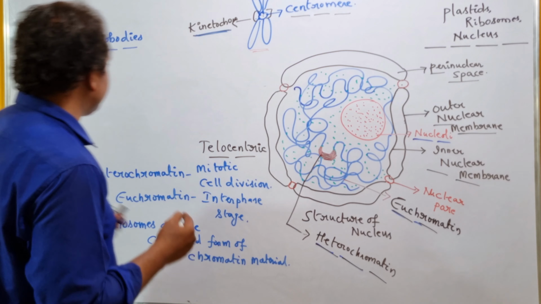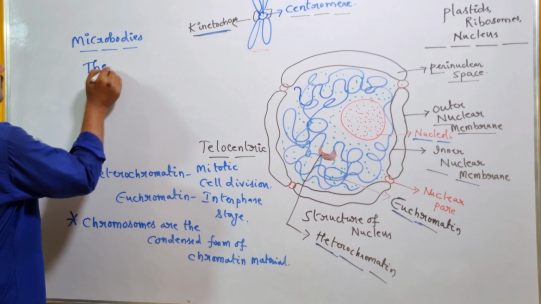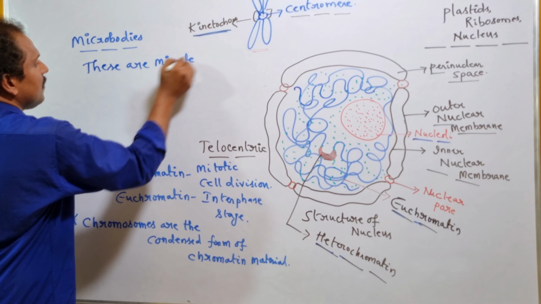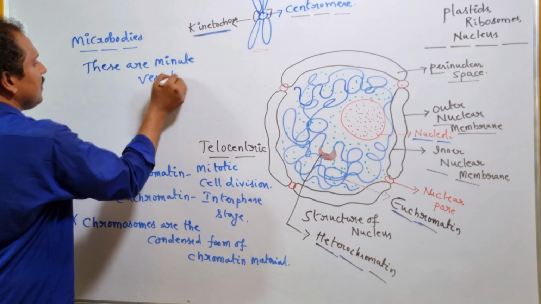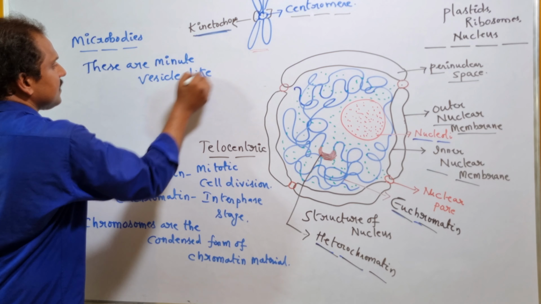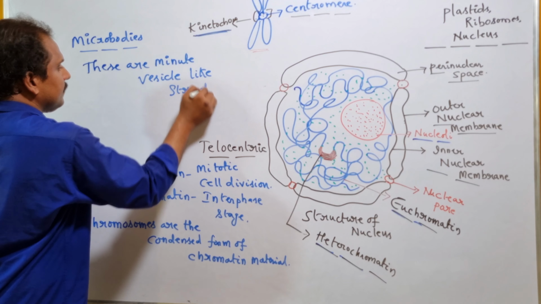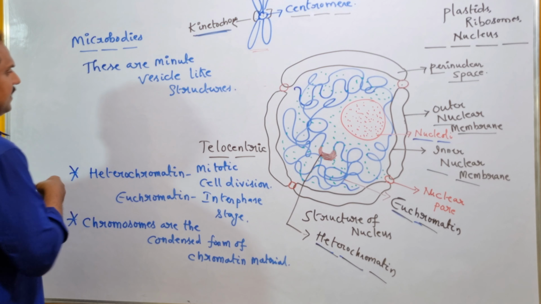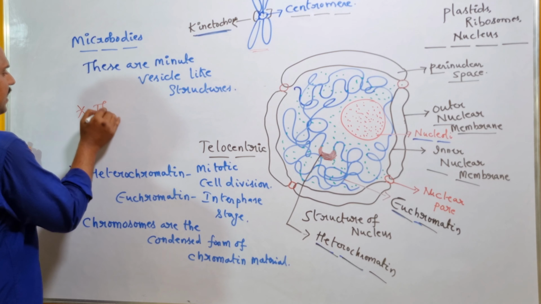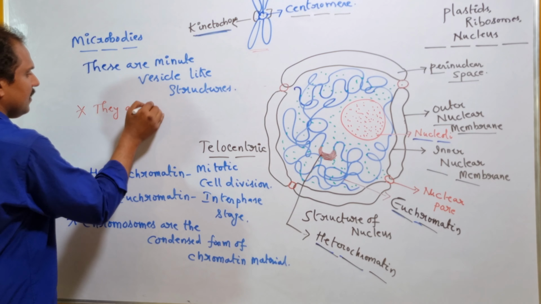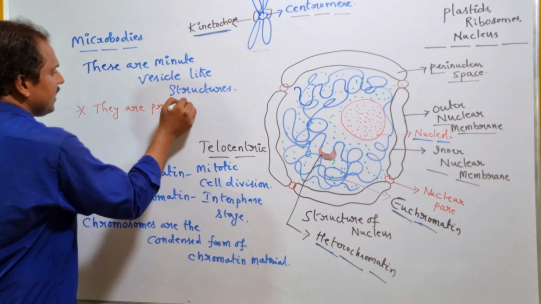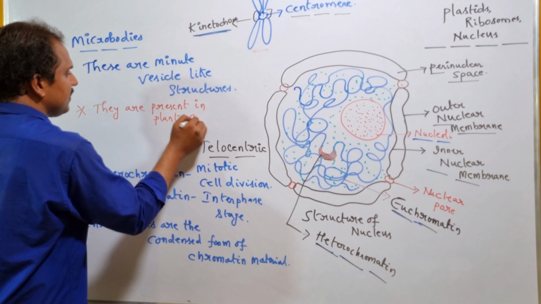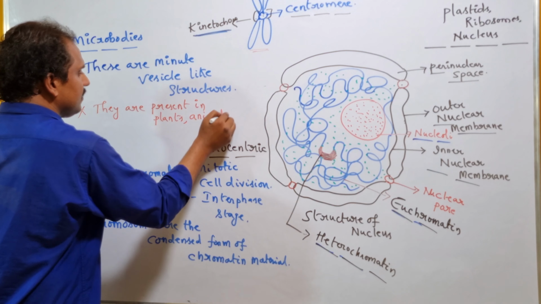Is it clear? So let me write it here. These are minute vesicle-like structures, and they are present in plants as well as in animals.